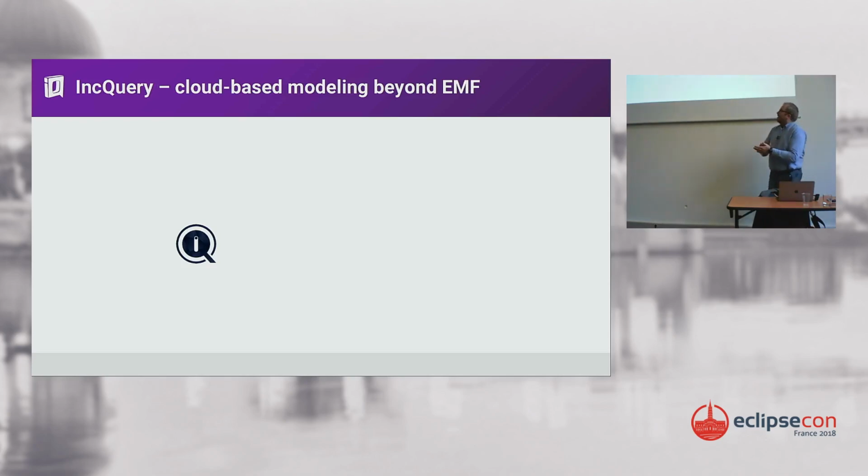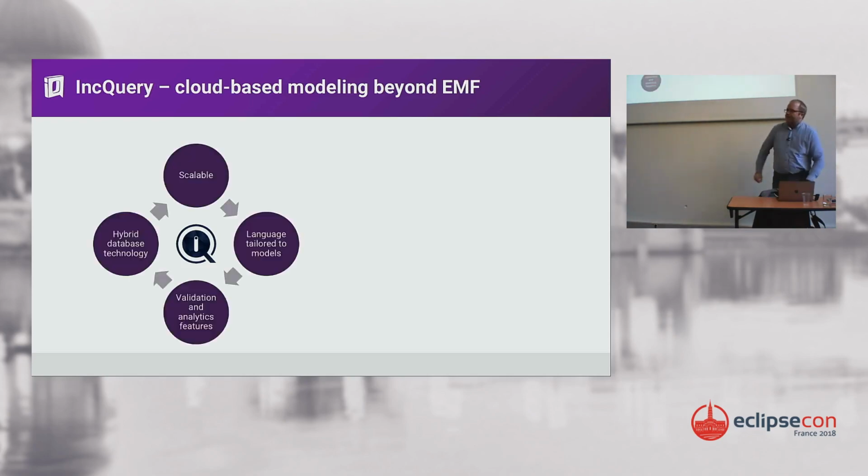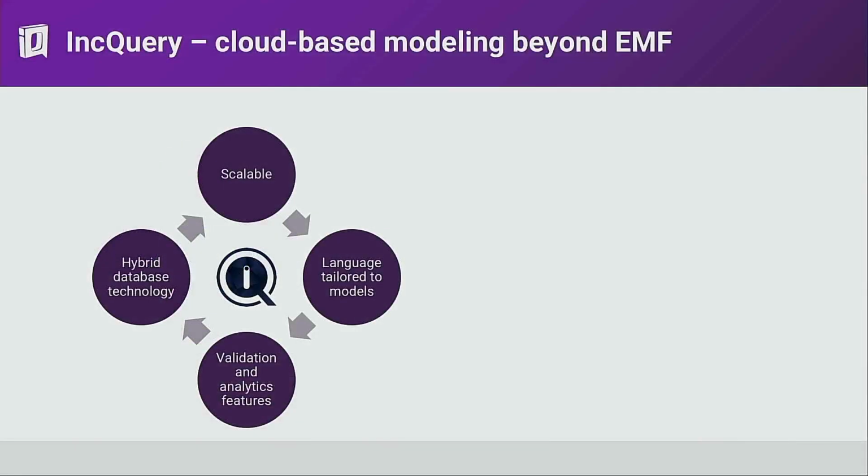It's basically something that we develop with the overall goal of establishing a new generation modeling platform for cloud-based solutions, specifically with scalability as a primary concern. So IncQuery is basically meant as a scalable platform for running model queries and transformations.